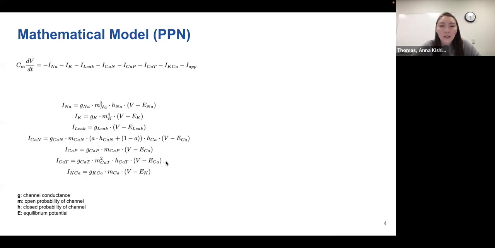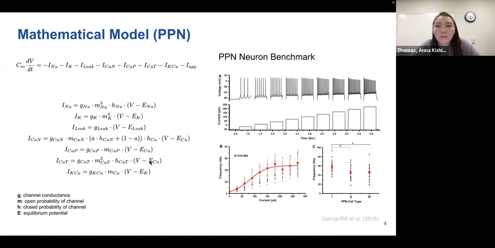And one of the things that will give us some wiggle room in the parameters is that these currents are from models, for example, for different animals, or maybe from slices. So if a slice of an animal brain was taken and then measured, then there's also different connectivity and different temperatures, many different factors that play a role in these. So those will allow us to tune our model.